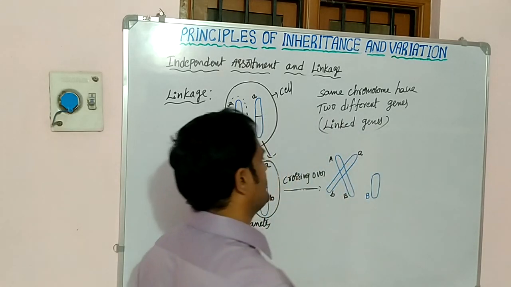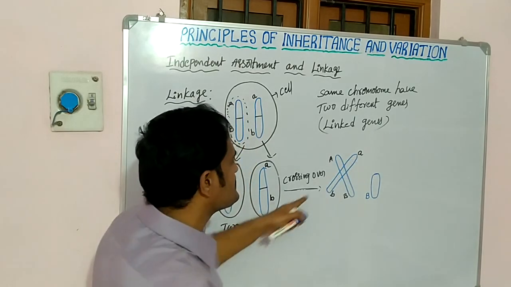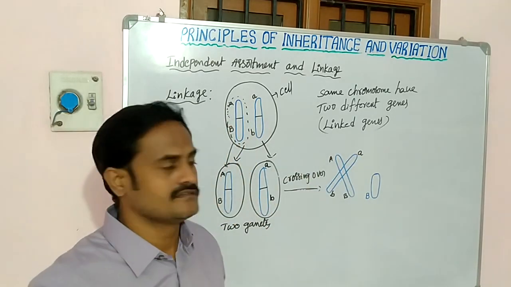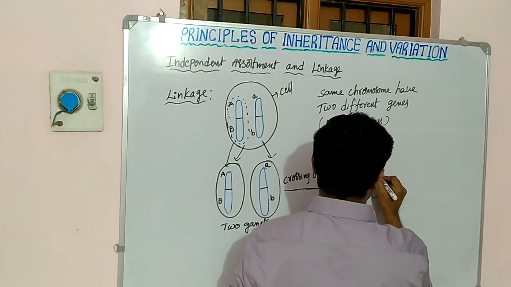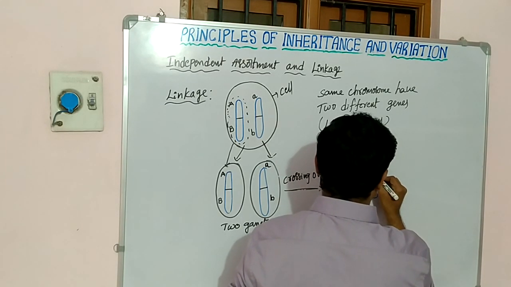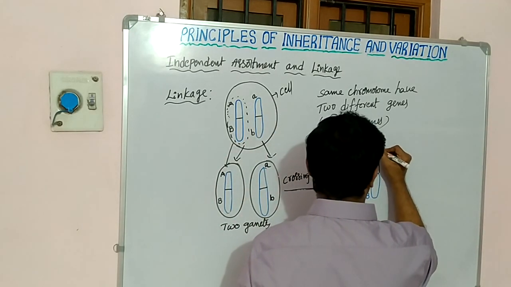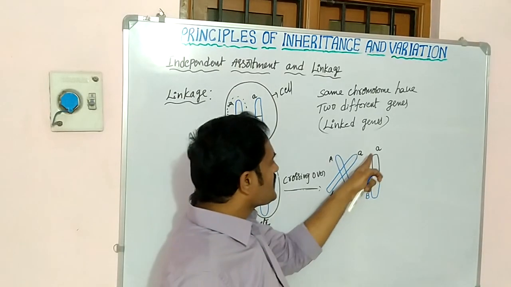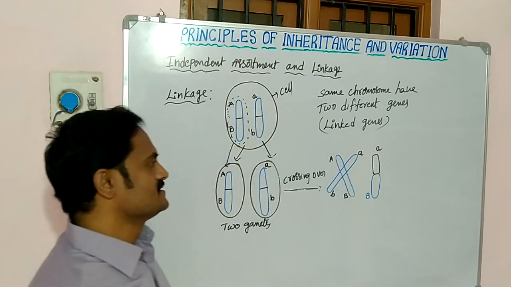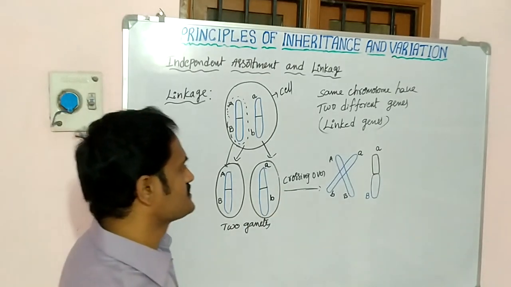Instead of capital A, it receives the small a gene. So here what will happen? Instead of capital A, it forms another gene, small a. So small a, capital B, this is one type of gene that forms.